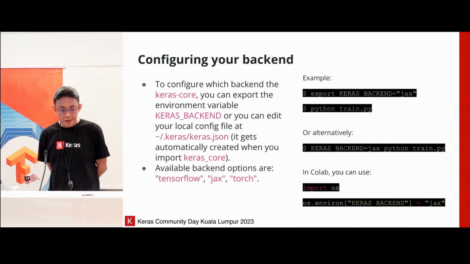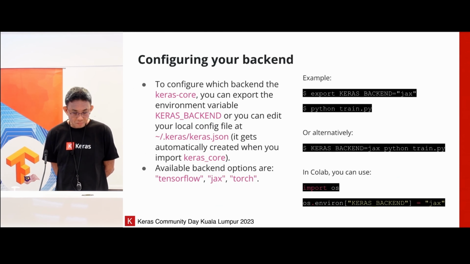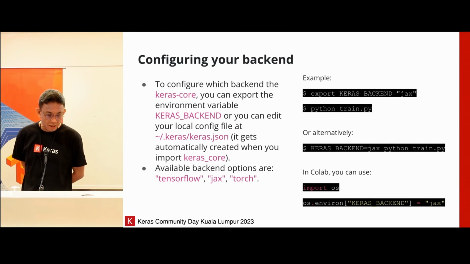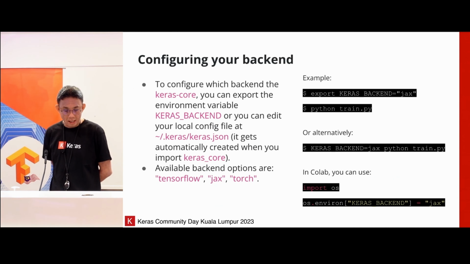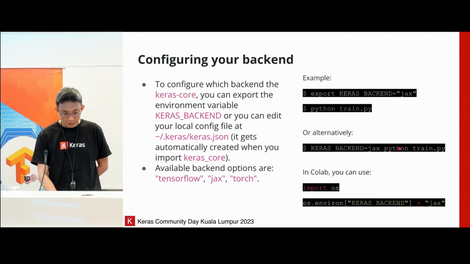To configure the Keras Core backend, you just have to export the environment variable. For example, if I want the Keras backend to be JAX, I just export KERAS_BACKEND as jax, and then I can use JAX as my backend. So you can define the backend that you want to use when you run Keras Core.